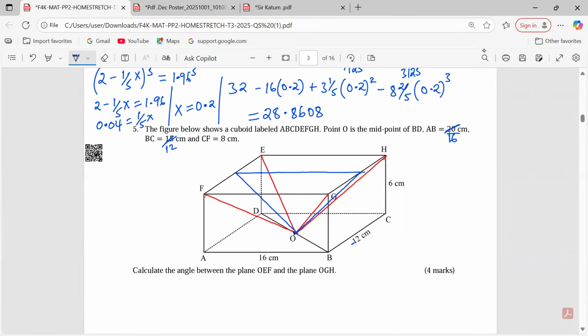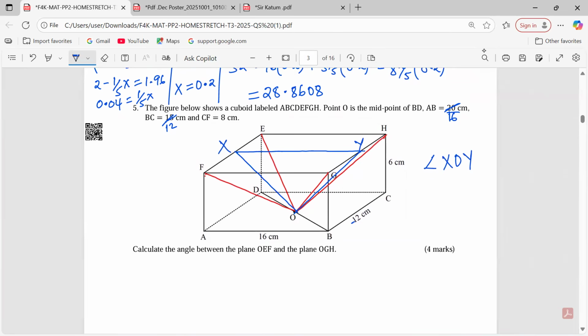Yeah, that way. So we can let this one be X and Y. We just need, technically, the angle X or Y. The angle X or Y is the angle between the two planes.